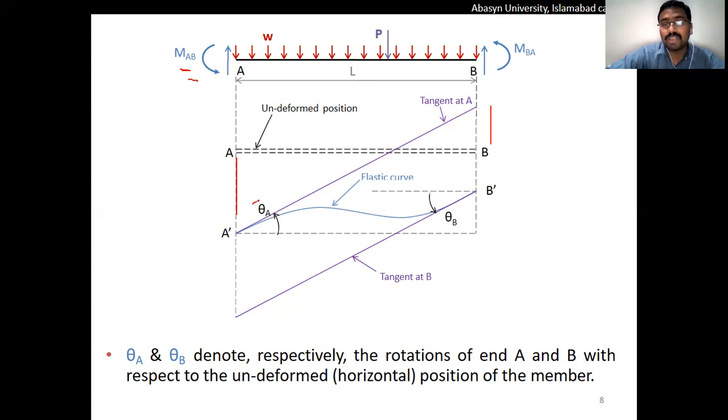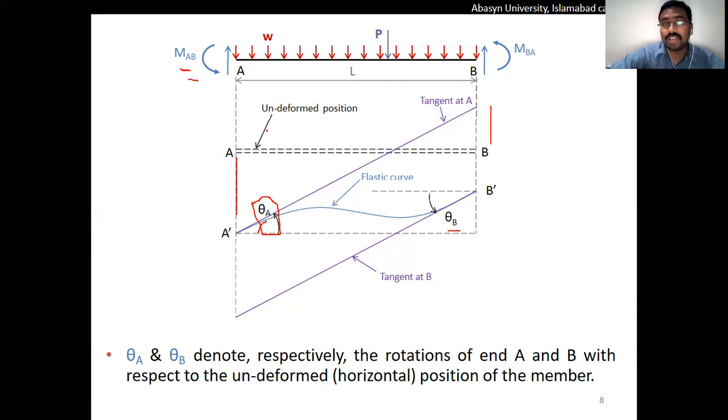We call the rotation of the member at point A theta A, and similarly the rotation at point B theta B. And we will consider these two moments separately.